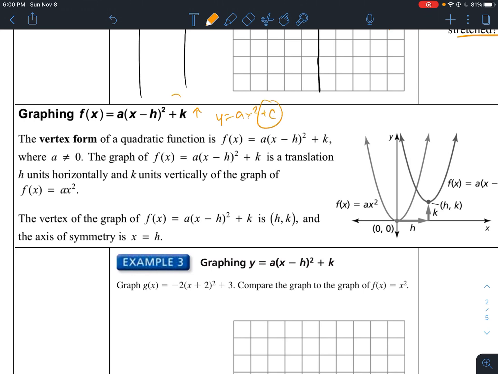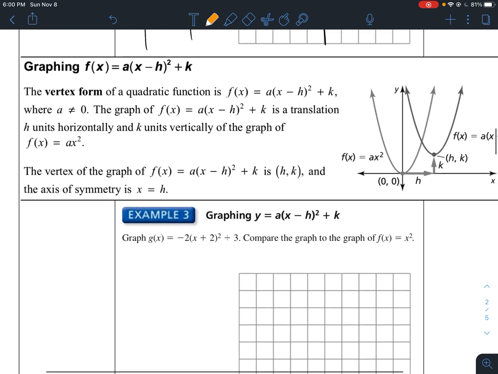So the c and the k do the exact same thing. So if you have a k, you're either going to go up or down. And again, this should look familiar to y is equal to a times the absolute value of x minus h plus k. So this is where you have both a horizontal shift and a vertical shift. So you have both. Exact same thing.